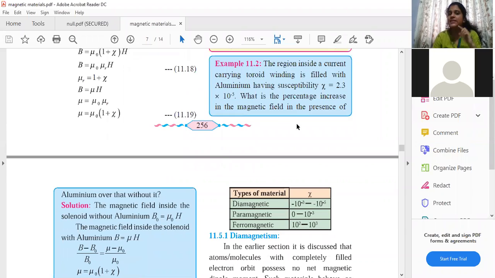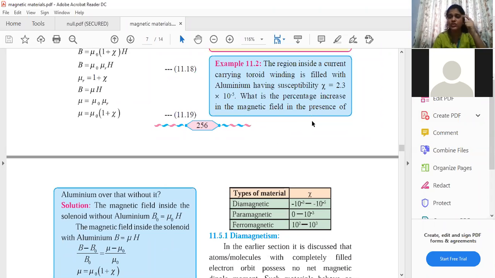What is the percentage increase in the magnetic field in the presence of aluminium over that without it? We have to check what the magnetic field is when aluminium is present inside, and what it is when aluminium is not there. So basically we have to find the ratio.